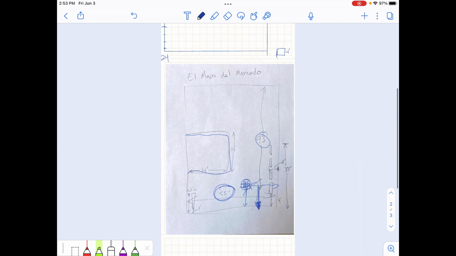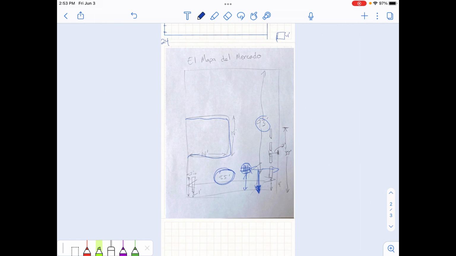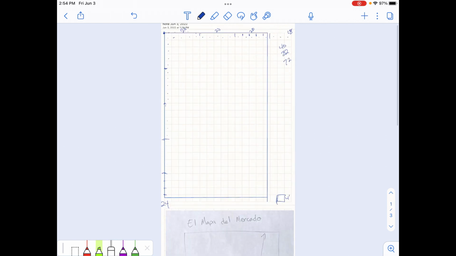So that's step 1. Step 2 now is to get these little blocks in here. There are a couple of ways to do it. Probably the easiest is to measure up, because we said this is 4 feet here, and this is 33 feet. From here down is 33. So up 4, and then up to 33. Remember, one of these blocks is 4, so we're talking about going up to about there, approximately, a little bit over this line.